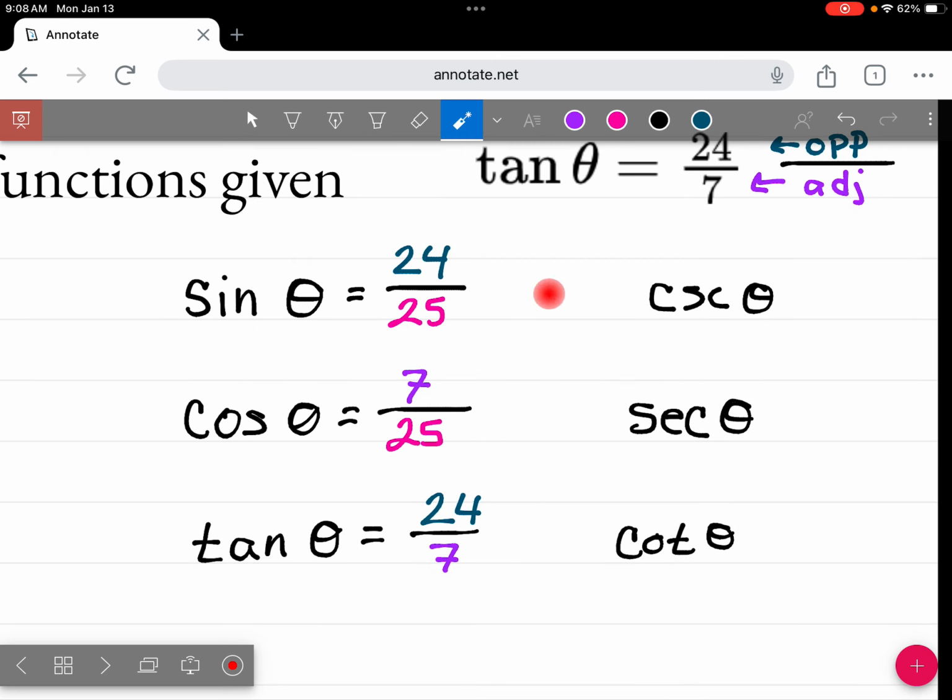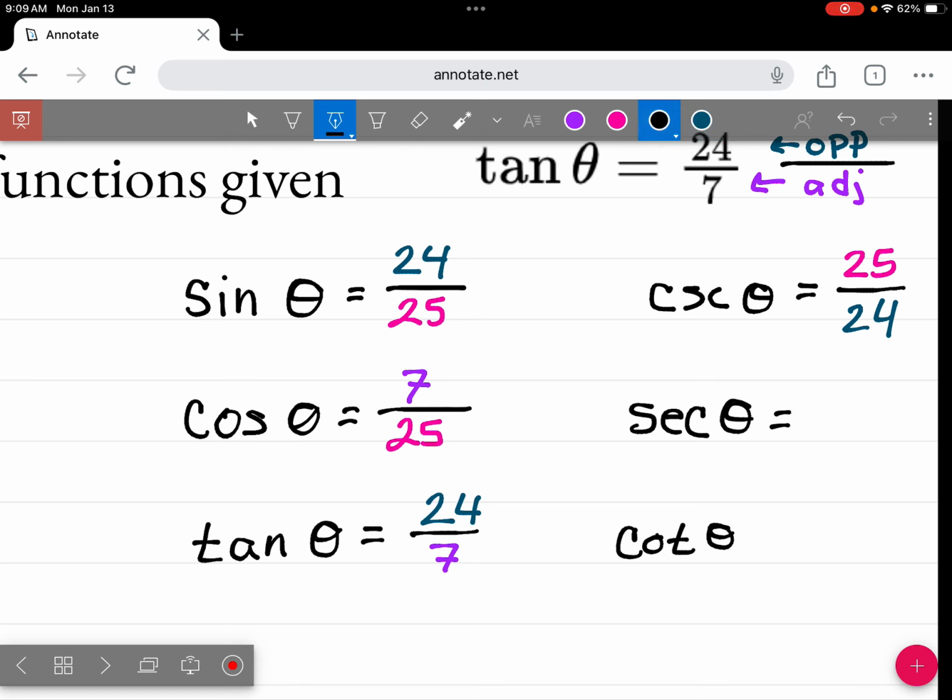So I know these guys go together, but how does that help me find this value without having to do anything else? They're reciprocals of each other. So they're upside down. So cosecant is going to be 25 over 24. They are reciprocals of each other. Be super careful with things. They're not technically inverses. They are reciprocals.